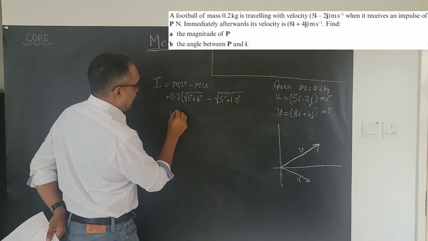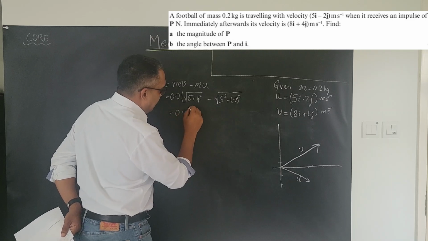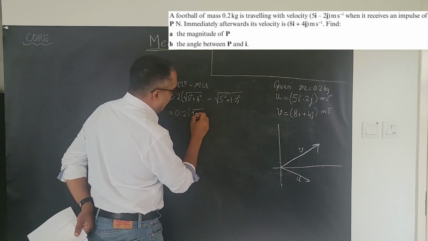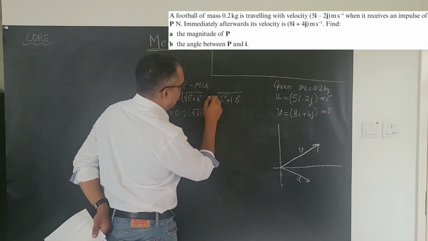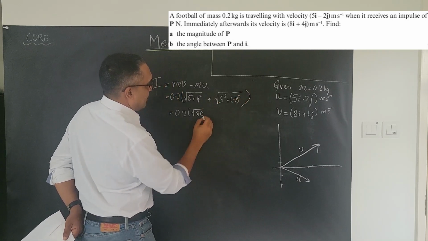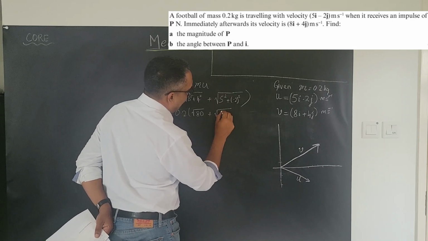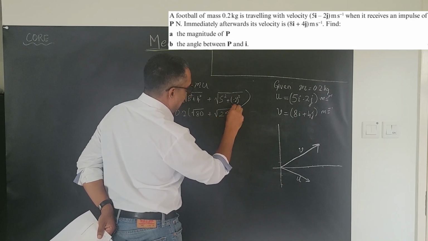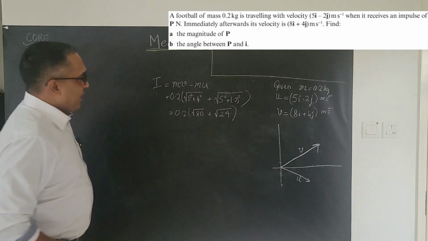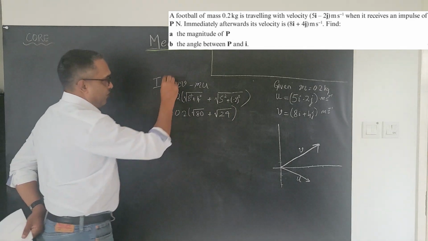And I would go and say 0.2 and then bring out the calculator to do root of 80 plus root of 29. If you're going in this direction, this is wrong.